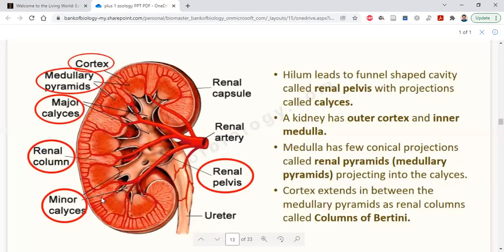Then the medulla is divided into a few conical masses called medullary pyramids. Each pyramid together with the associated overlying cortex forms a renal lobe. The cortex extends in between the medullary pyramids as renal columns, called the columns of Bertini.